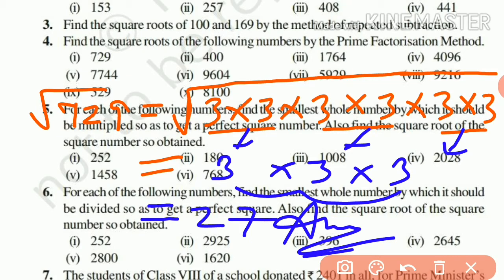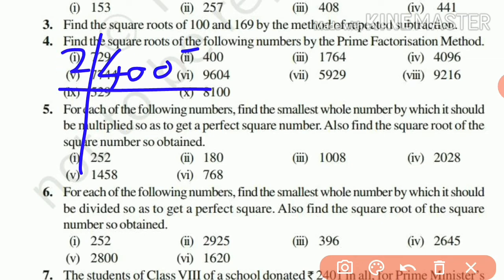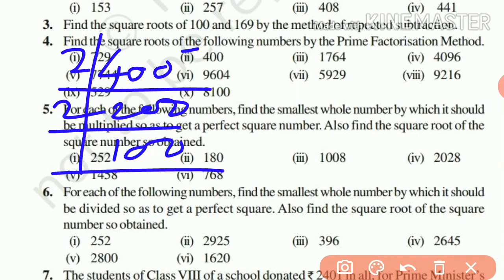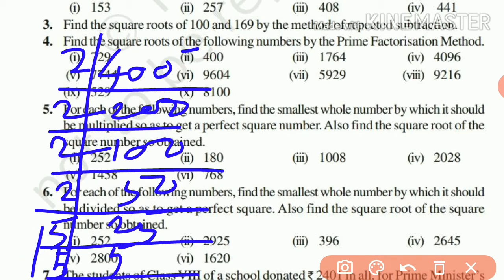Similarly, we can solve the second, 400. We will factorize 400: divided by 2, then 200, then 100, and again divided by 2, 50, again 25, and then by 5, 5 5s are 25, and then 5 1 is 5. Here one pair of 5, one pair of 2, and one pair of 2.